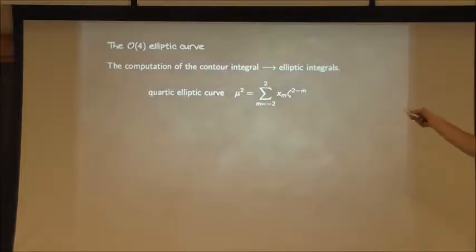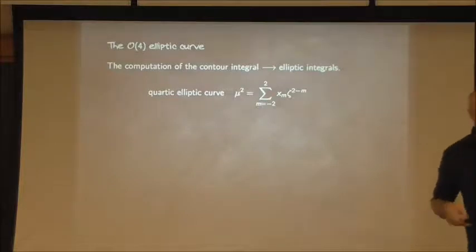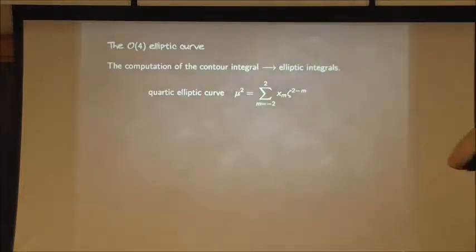In computing that integral, in practice, we keep bumping into an elliptic integral associated to this particular elliptic curve. So this is mu squared equals a polynomial in zeta, and the x's are moduli of that curve. Now, I can transform by holomorphic Möbius transformations.